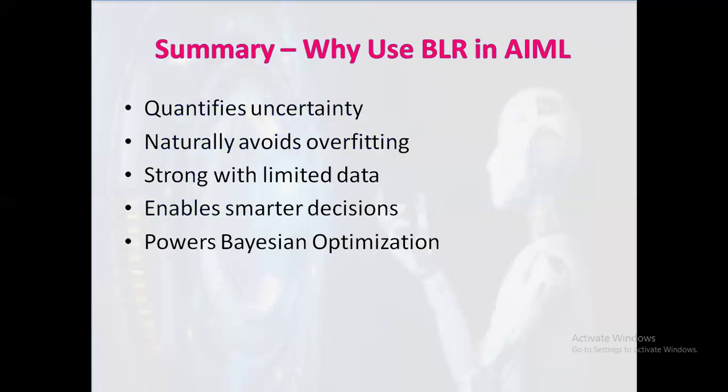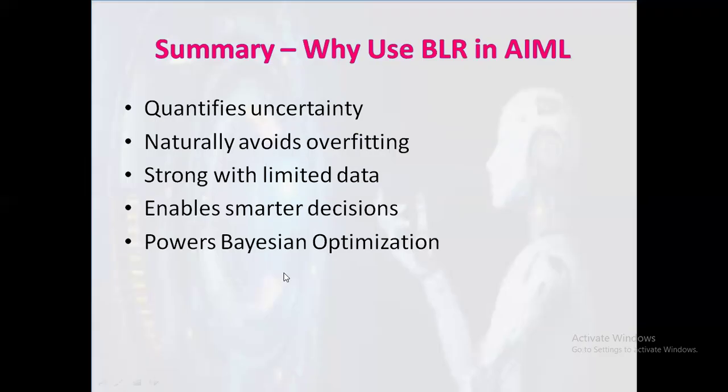Coming to the summary, why use BLR in AI and ML? Bayesian linear regression is a powerful modeling technique that offers several advantages over traditional models, particularly in AI and machine learning applications. It quantifies uncertainty in predictions, which is vital for making safe and informed decisions. BLR also incorporates natural regularization through priors, which helps avoid overfitting, especially in low data scenarios.